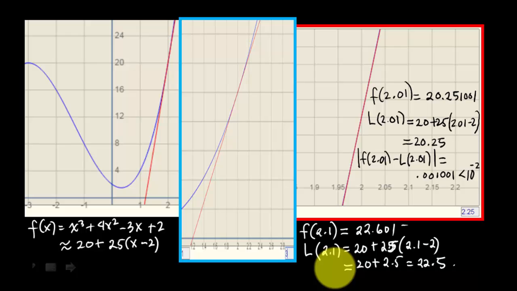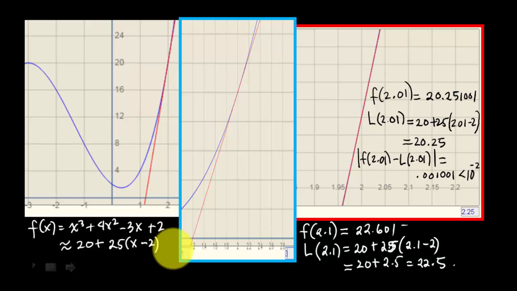So it's good. It's good to use a linearized version because look how easy it was for me to plug in 2.001. I started with 2.1 and it was easy to evaluate instead of plugging it at each of these terms. Did you see? The linearized version, even if you're using a calculator, still this is quicker to find the value of this one.